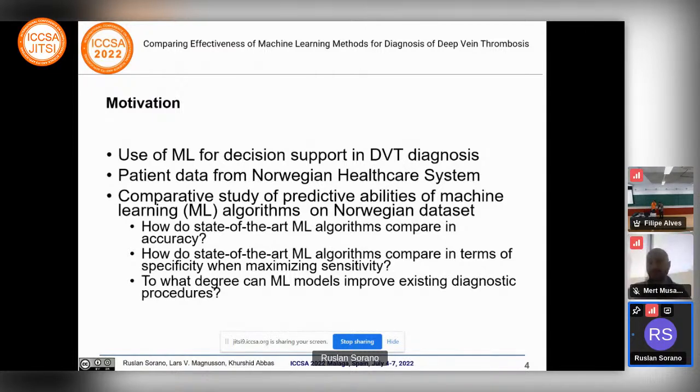One is to see how the data set reacts to our trying to predict the disease, because it's the first time this data set is being used for this purpose. And then how can we further improve existing diagnostic procedures by way of, for example, reaching maximum recall and see how high specificity can go.